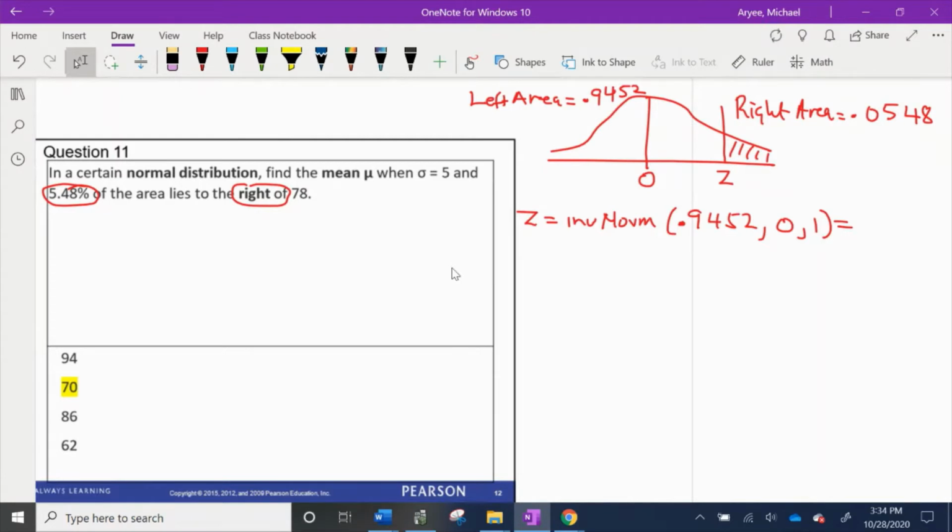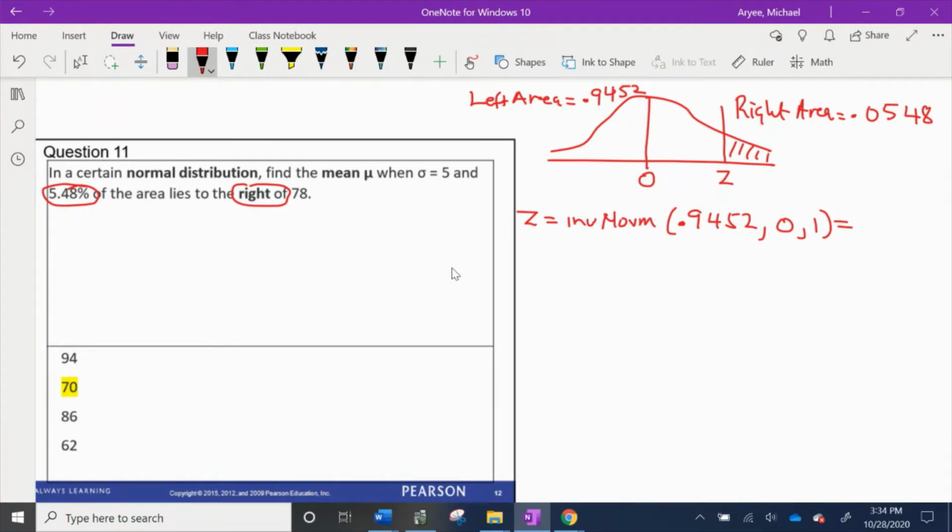I have a question. For the left area, is it 100 minus 0.0548? No, it should be 1 minus, not 100, because we've changed to decimal, right? The maximum is 1. So it's going to be 1 minus 0.0548 to get that number.